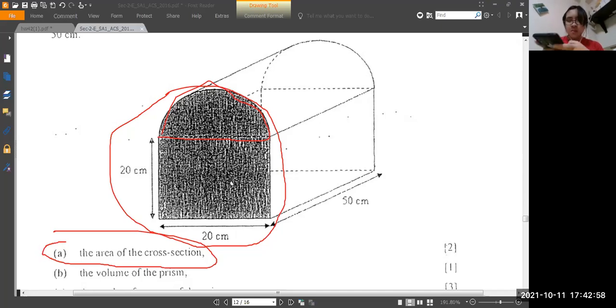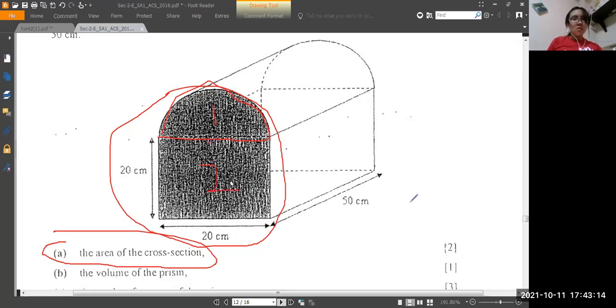Okay. Send it over. Yeah, I received it already. Okay, so you have half times the 3.141 times 10 square. Yes, then you add with this. Yeah, correct. Very good. So this is your semicircle one. Then this is the square.